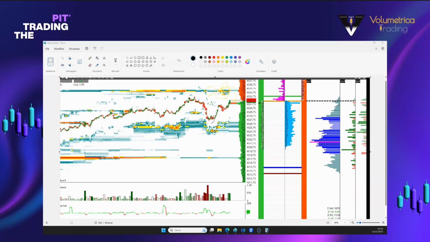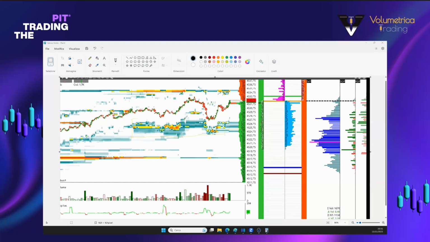Only in that case. Could we have gone for a long trade? Definitely yes. That's what I did personally right here, because this liquidity is likely to make price bounce.